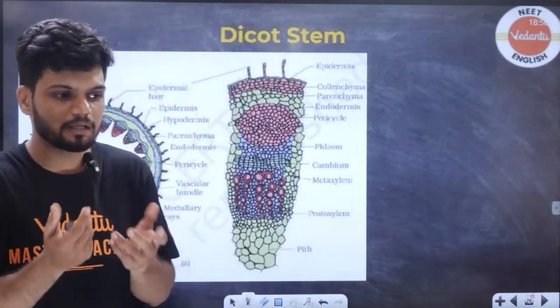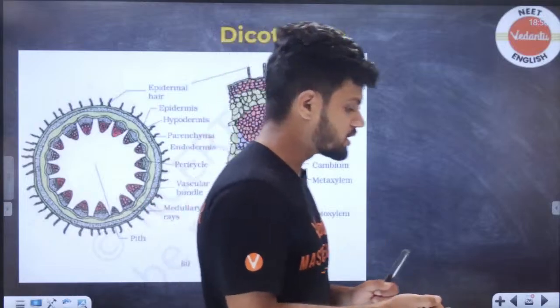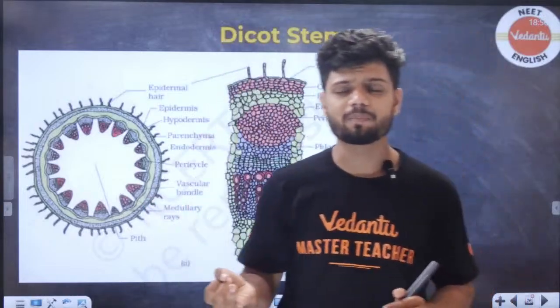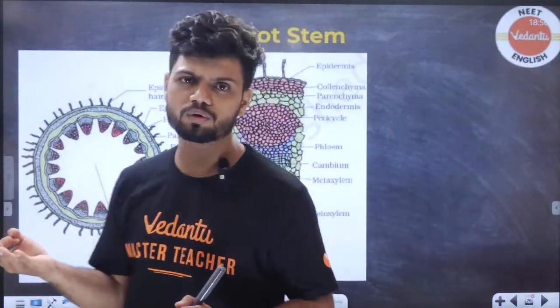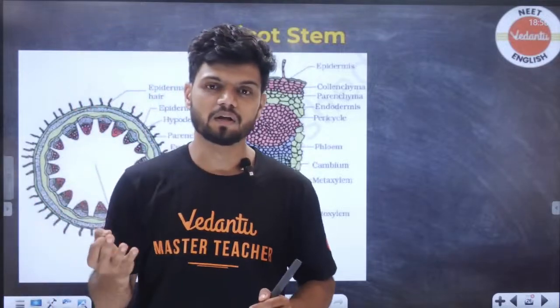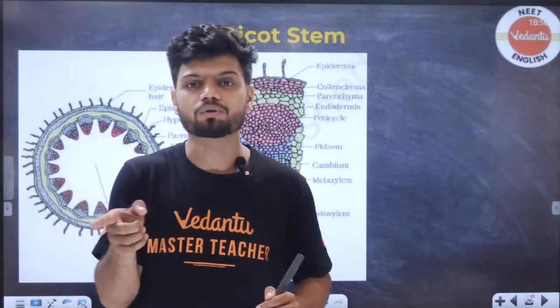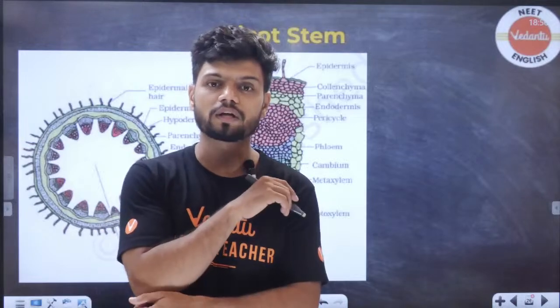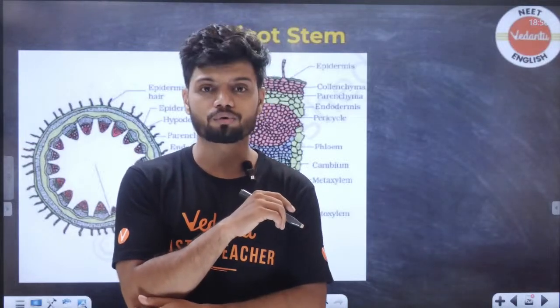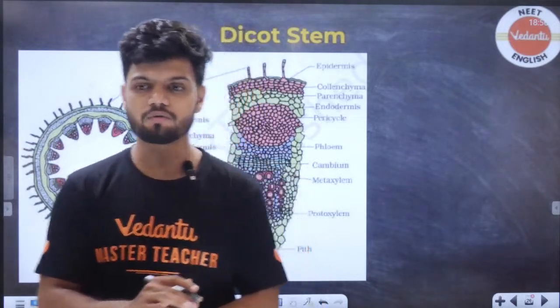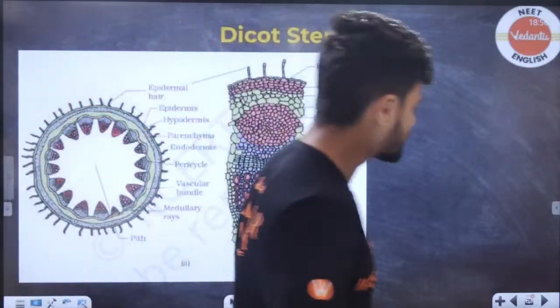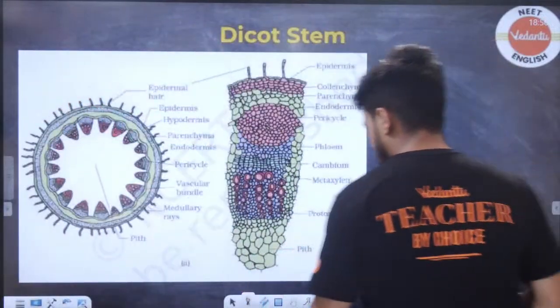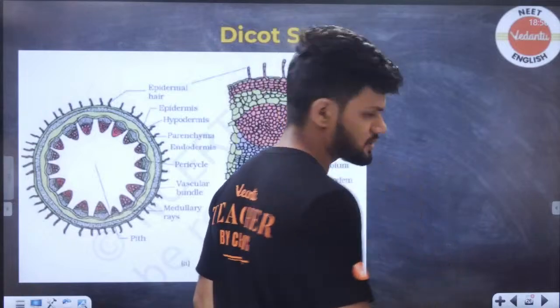See, they'll give you multiple options. It is X arch condition, said to be radial arrangement, but it is closed. Cambium is absent. Is it monocot root or dicot root? You will tell me it is monocot root. Why? Because of the closed condition. So such questions can come in your examinations.